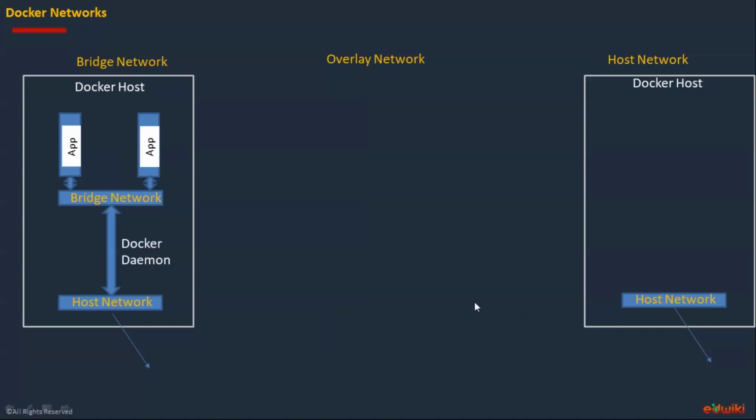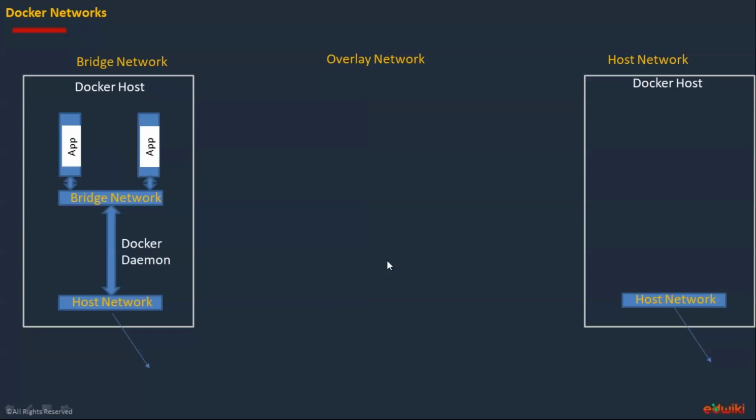What does DNS mean? DNS is all about: this is the name, what is the IP? Name, IP, name, IP. That is what is called a DNS system, the mapping. This name has to be resolved to this IP address. If you have that kind of mapping information, it is called a DNS system. So whenever a container is created, whatever IP gets assigned to that container, Docker will go and pick up that IP.